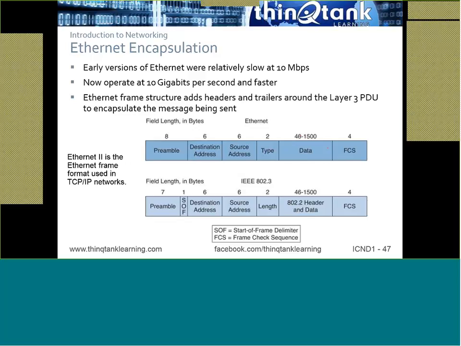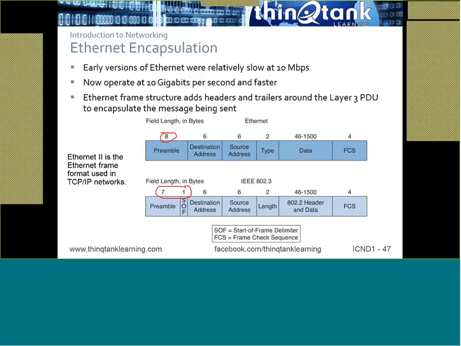On the top, you see your Ethernet 2 frame. On the bottom, you see your 802.3 frame. So what's common between these? Well, they both have 8 bytes of preamble. Preamble is that start of frame function. In other words, the preamble does not represent any actual data. It's just the beginning of the frame.